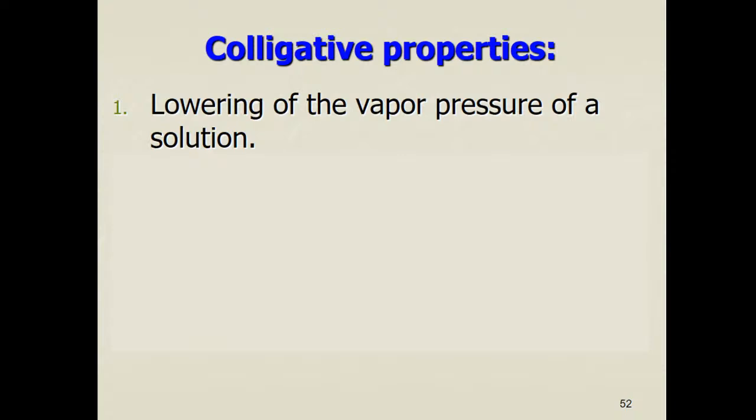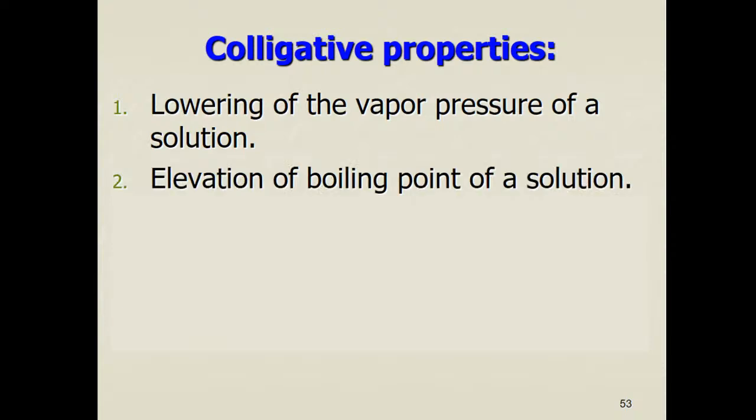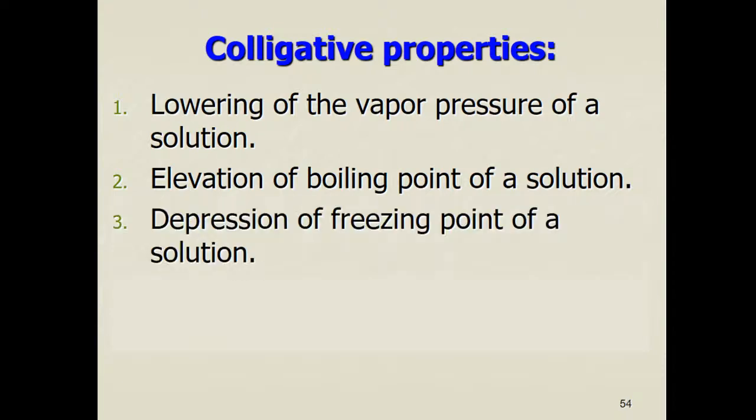It's a natural, spontaneous process. The second colligative property is elevation of the boiling point of a solution. That means a solution boils at a higher temperature than the pure solvent itself. The third one is a depression of the freezing point of a solution, meaning that a solution freezes at a lower temperature than the pure solvent itself. And last but not least, and very important from a medical and biochemical point of view, is osmotic pressure.